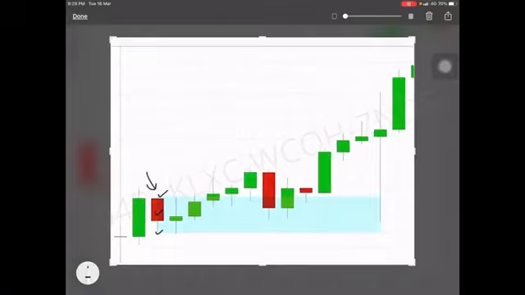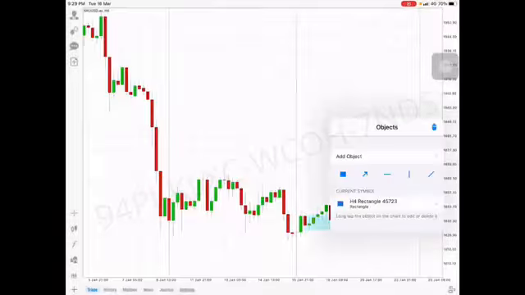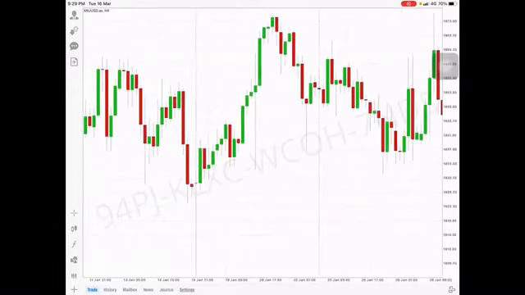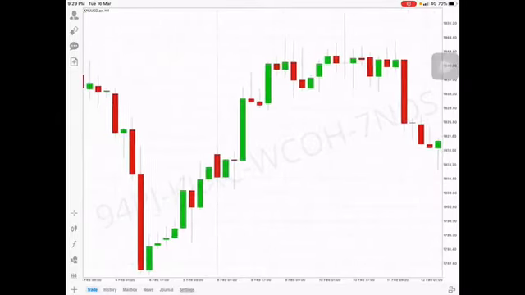So when the price comes back to the zone, you can entry buy right here. The ones I've shown you are very low risk. Now I'm going to show you some of the high risk. Let's take a look at this one.